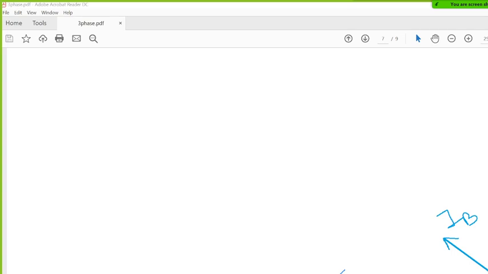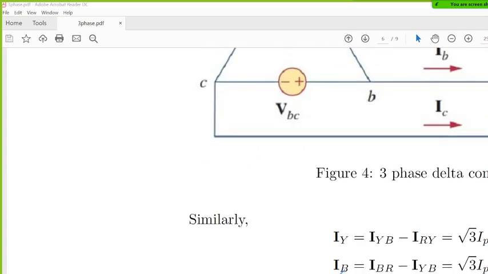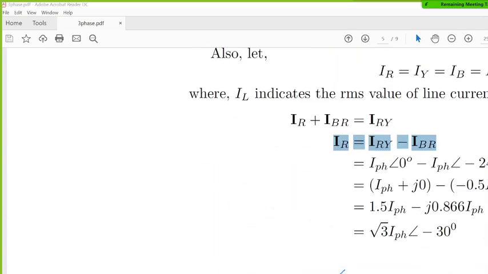Red line is IR. Correct? See here. What was IR? IR was IRY minus IBR. Let me write it for you. IR is equal to IRY minus IBR. We discussed this.